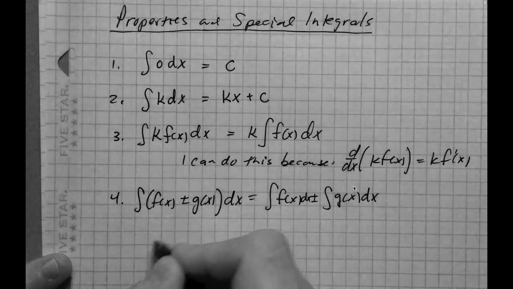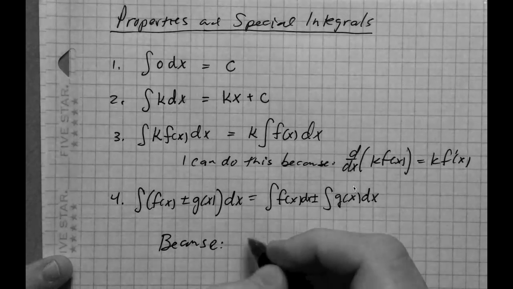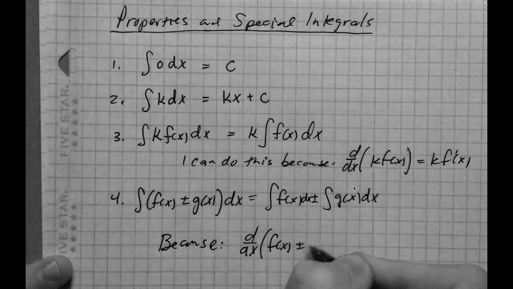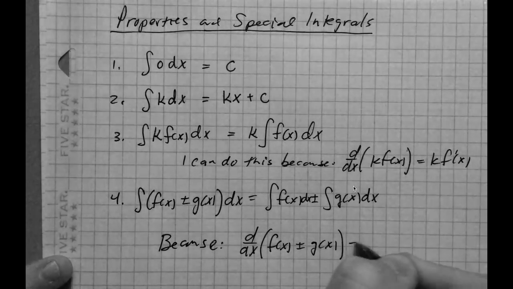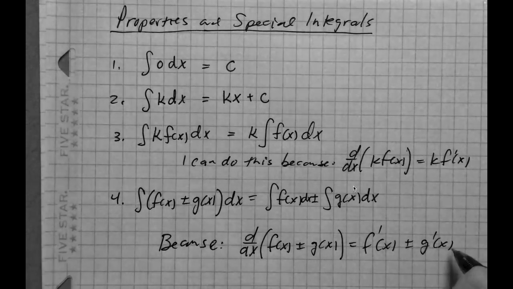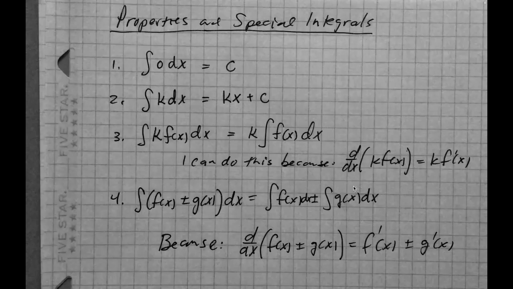This is because d/dx of f of x plus or minus g of x is just f prime of x plus or minus g prime of x. So that's where that comes from. It's good that these things hold and they're true. Those are the properties and special integrals that we'll start with.